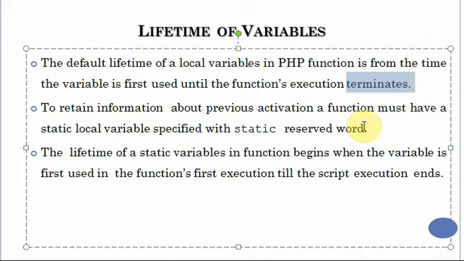If you have declared or initialized the variable with the keyword static, then the previous values or information can be present. The lifetime of a static variable in a function begins when the variable is first used in the function's first execution, until the script execution ends.